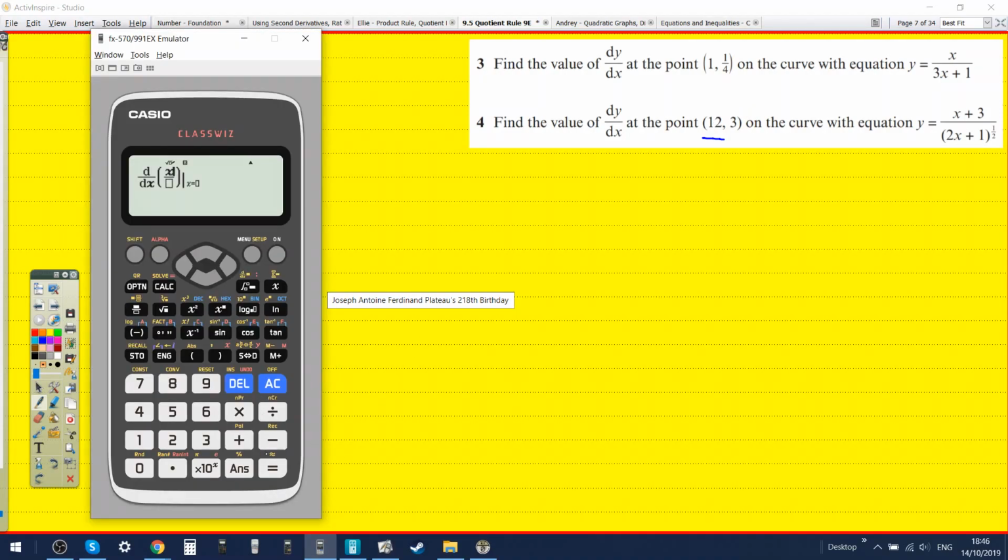You could find dy dx in general first and then use substitution, but I just find it at this one specific point in the calculator. So try that, tell me what you get.